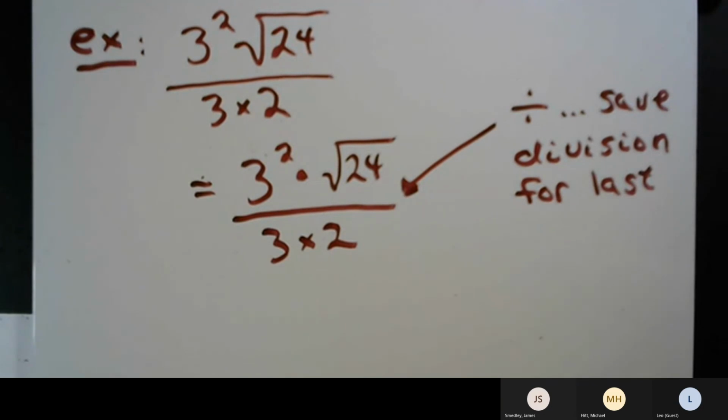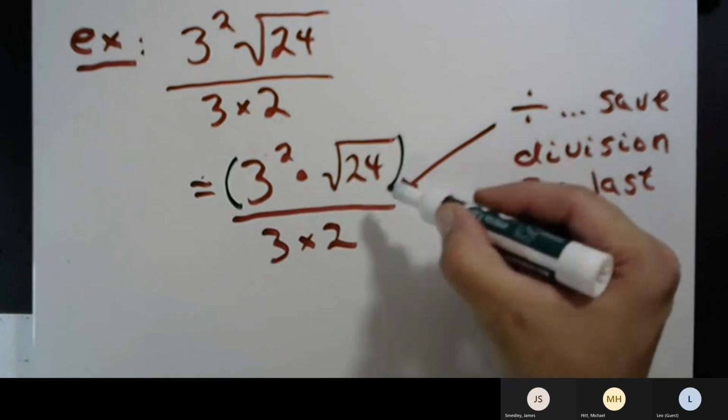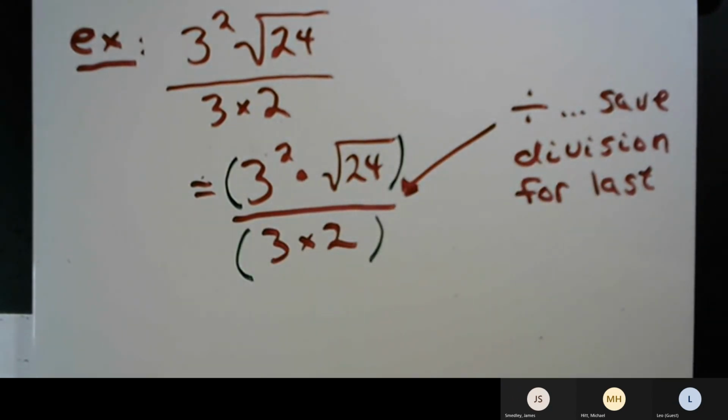And you can think of the top and bottom as having parentheses of their own. So the bottom's pretty easy to do. As far as the parentheses go, it's 6.